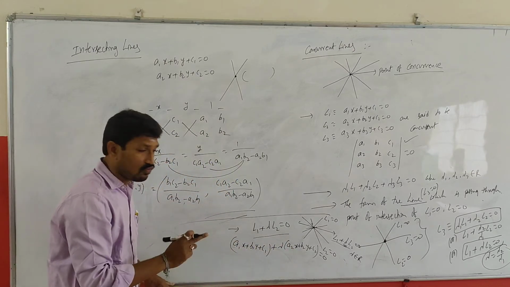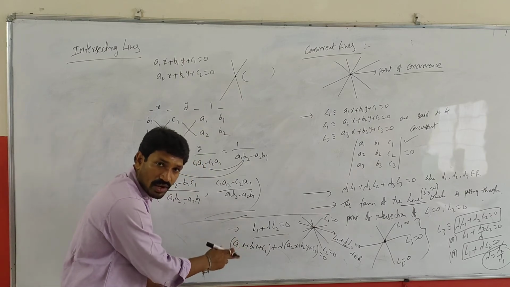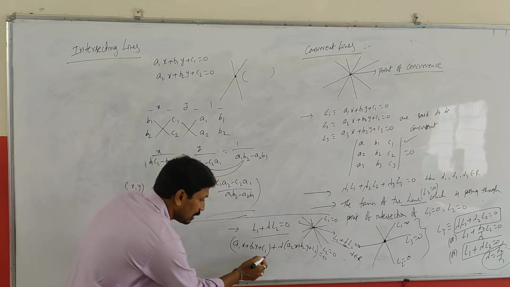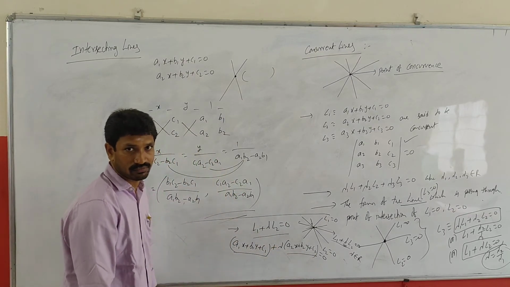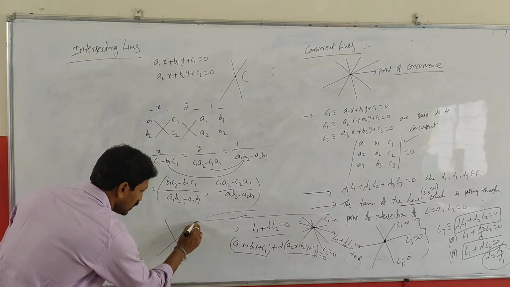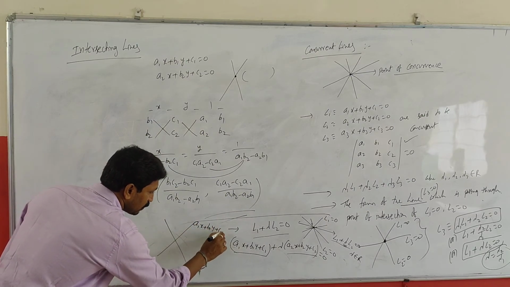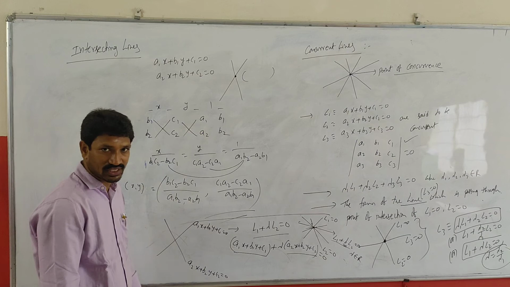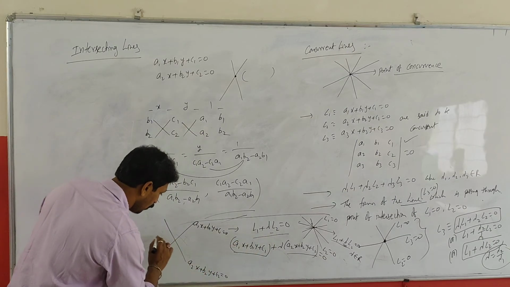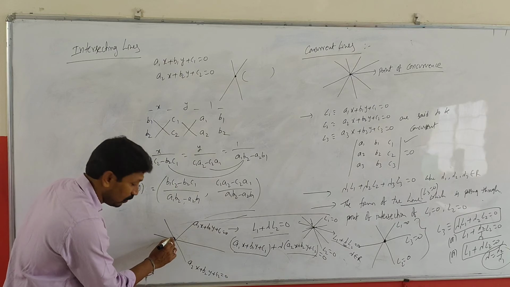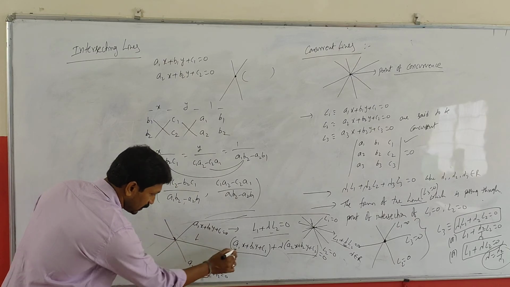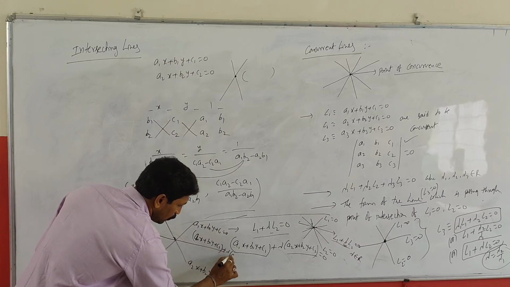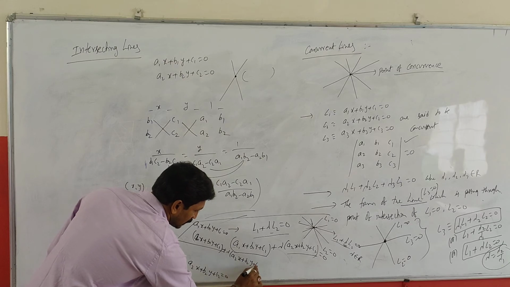If you want to find out, if it represents the family of concurrent lines, then find the point of concurrence, which is nothing but the point of intersection of these two lines. See, let us take this as a1x plus b1y plus c1 is equal to 0, and this as a2x plus b2y plus c2 is equal to 0. So this line, a1x plus b1y plus c1 plus lambda into a2x plus b2y plus c2 is equal to 0, is passing through this point.